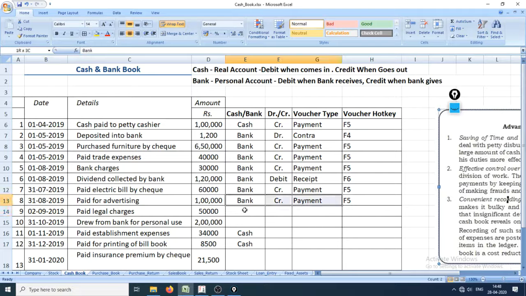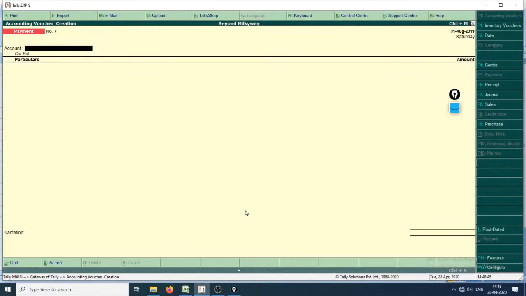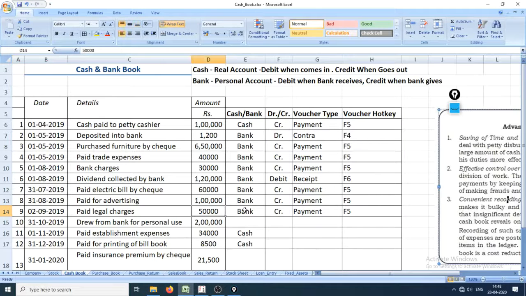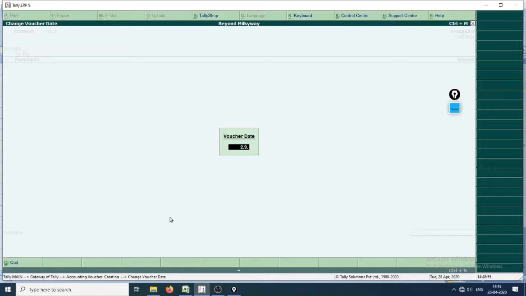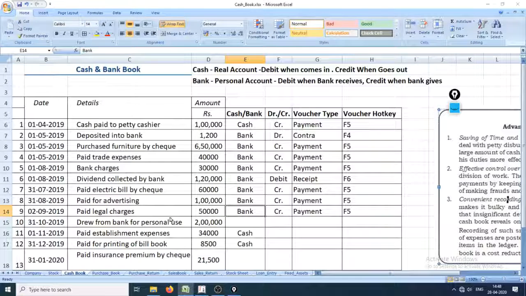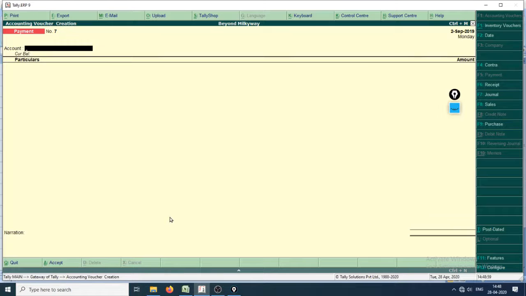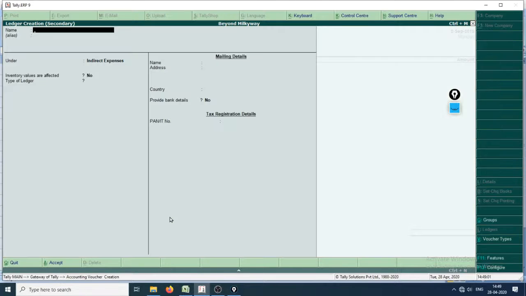Paid for legal charges, same thing. Yeah. What's the date? Because changing dates is too lengthy a process. F2 to 9-19, was it? Yeah. Citibank is used to pay. Alt C to legal fees. Legal fees is always an indirect expense.